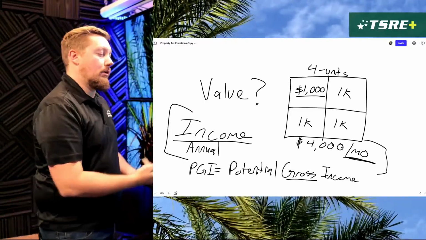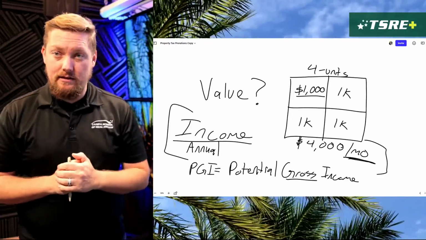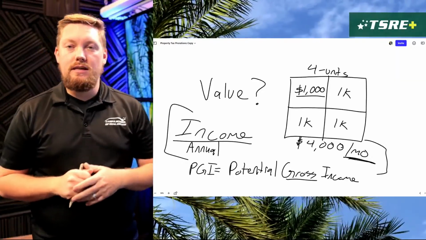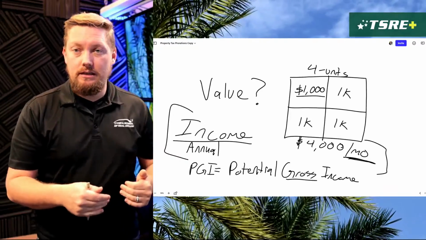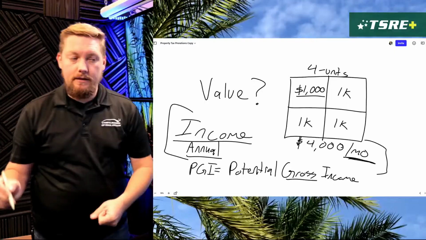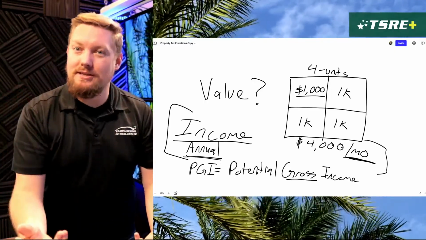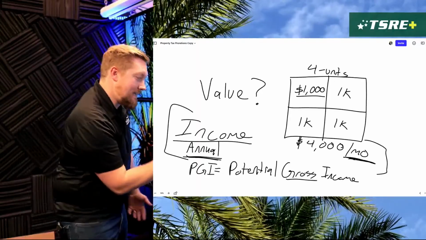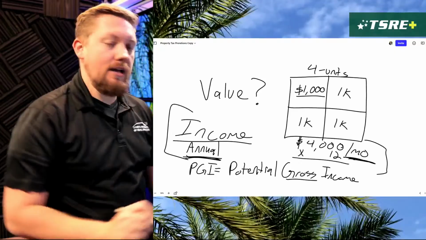We're just dealing with the total amount of income generated. So if this were a question on the exam, $4,000 would be an incorrect answer, because $4,000 is the monthly potential rent, not the annual income, because rent is monthly, income is annual. See, it tripped me up even just explaining it right there, because income has to be annual. So what we've got to do now is multiply this by 12.